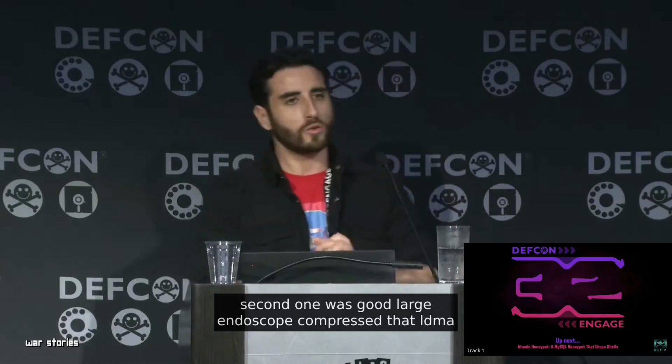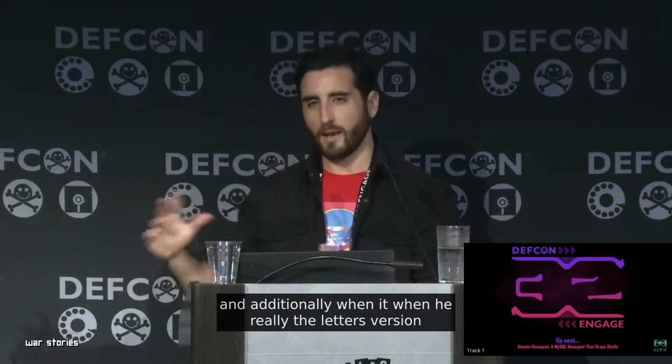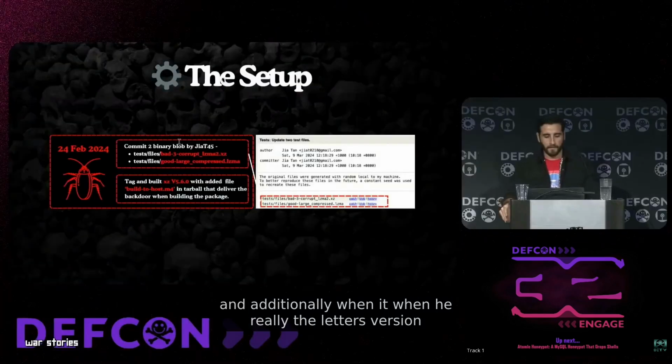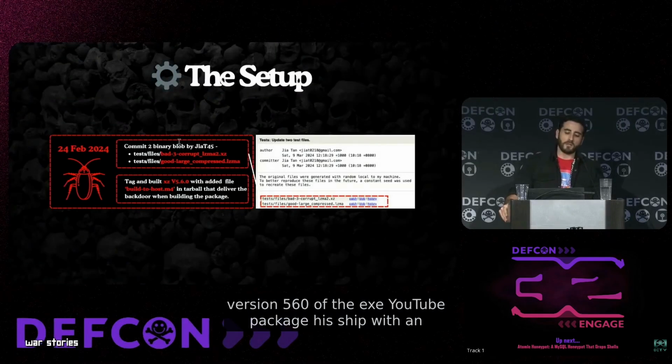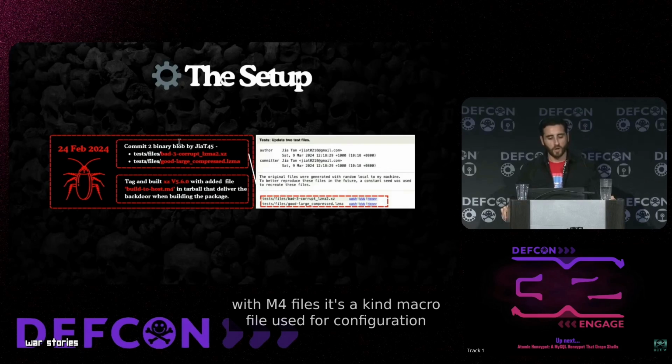All right, so now I want to talk about the technical details, how the backdoor was deployed and how the backdoor works. Remember, I mentioned that the user Jia Tan deployed two different test files. The first one was bad-3-corrupt_lzma2.xz, and the second one was good-large_compressed.lzma.